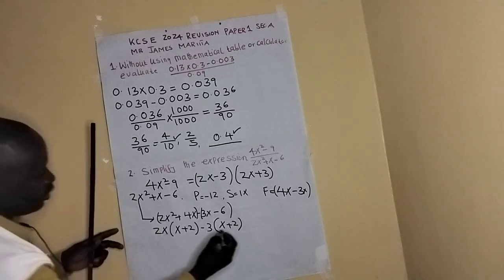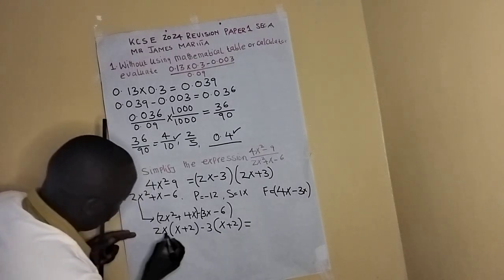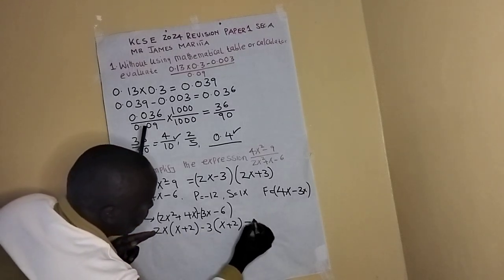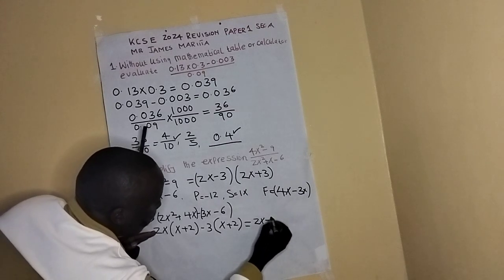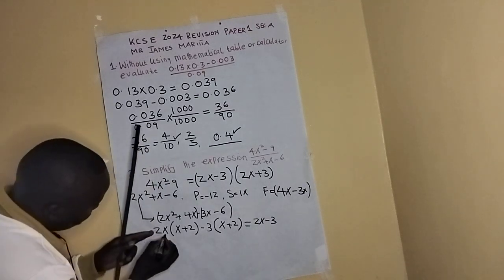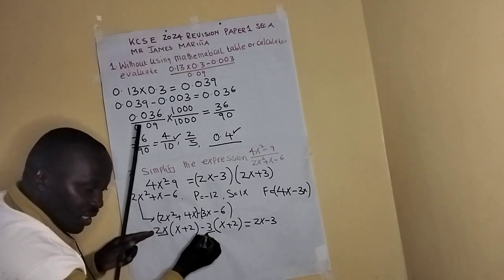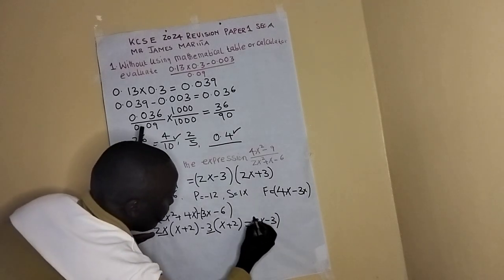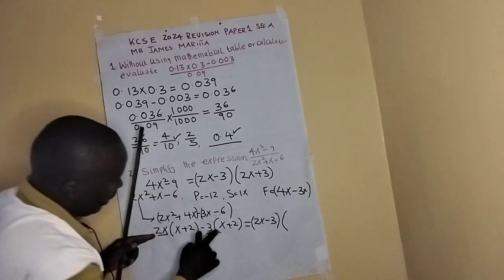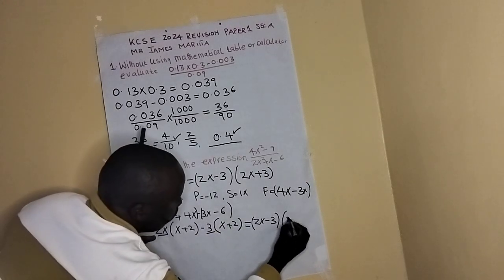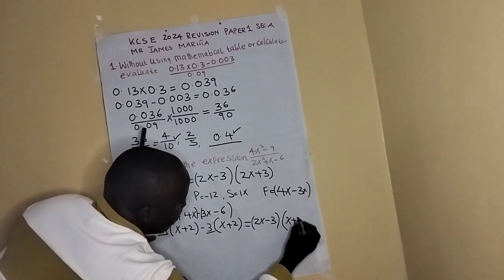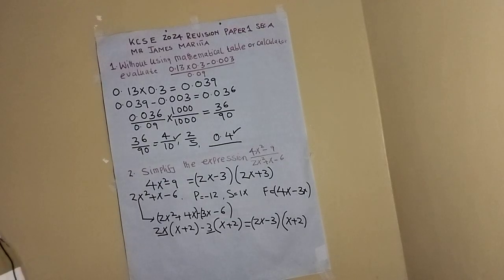So the whole of this one we can get as 2x minus 3, and then we have x plus 2. That is what we have.